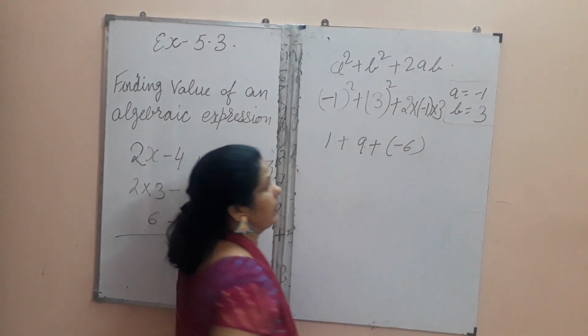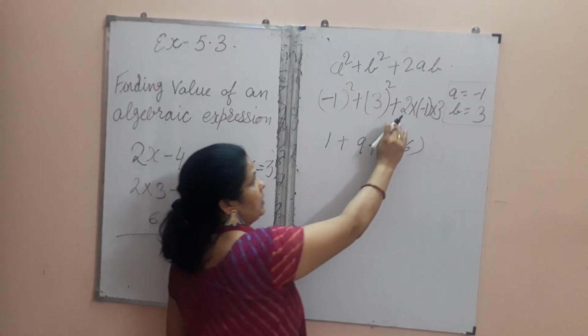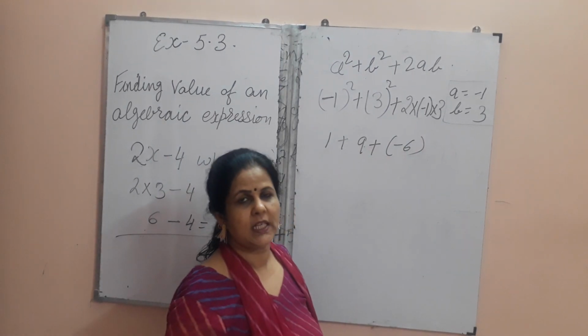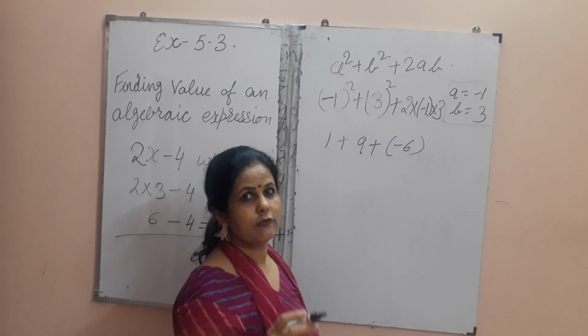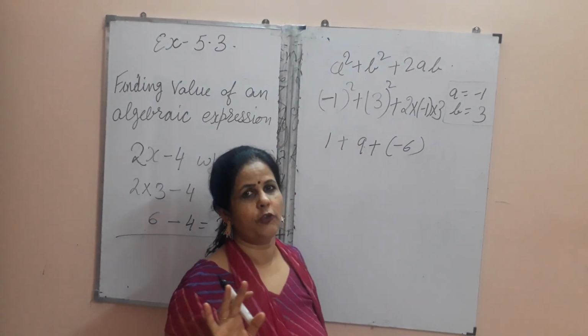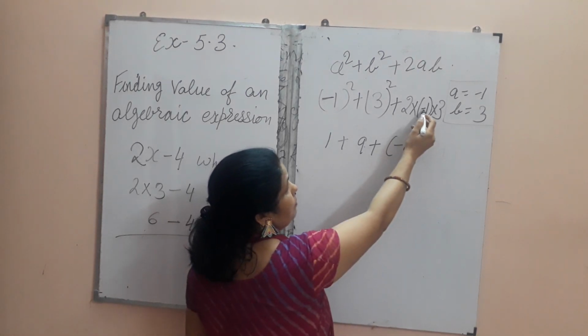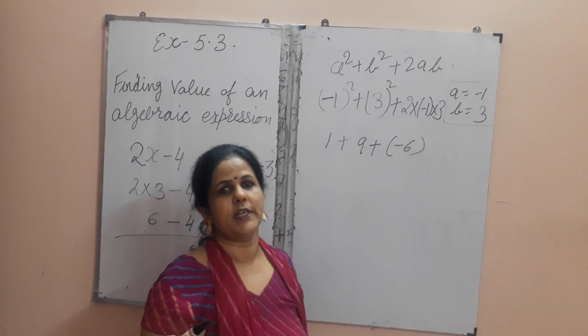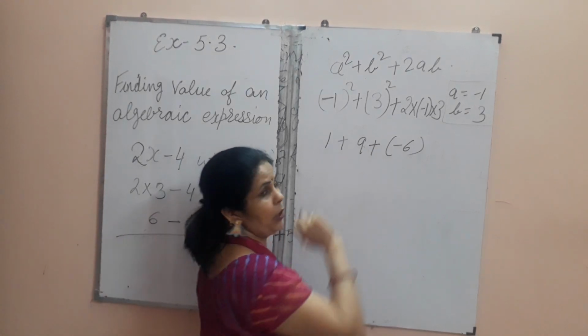Now in this case, if the multiplication is like this, there can be 1 minus sign, 2 minus signs or 3 minus signs. So in that case, what will we do? We will multiply the numbers simply first of all. Then we will count the number of minus signs. If minus signs are an even number of times, then the answer sign will be positive.